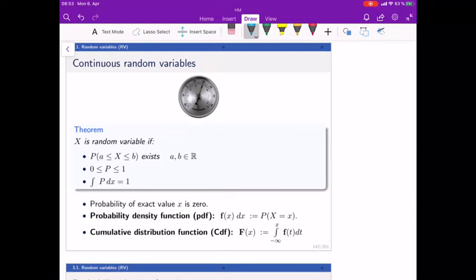So the probability to be in a certain interval, from A to B, needs to exist. Those probabilities still need to be between 0 and 1, just like every probability, and they need to add up to 100%.